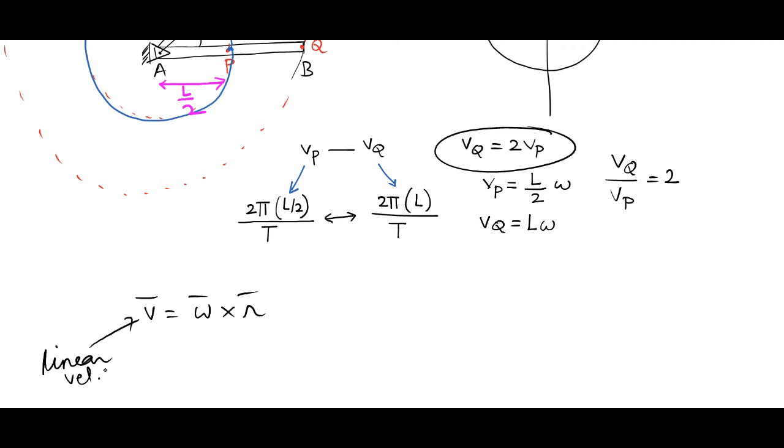So on the one hand we have got the linear velocity, and on the right hand side we have got the angular velocity. So it's a relationship between the linear and the angular velocities. That's what we have just derived. We can now go ahead and try to derive a relationship for the acceleration of a particle in circular motion.